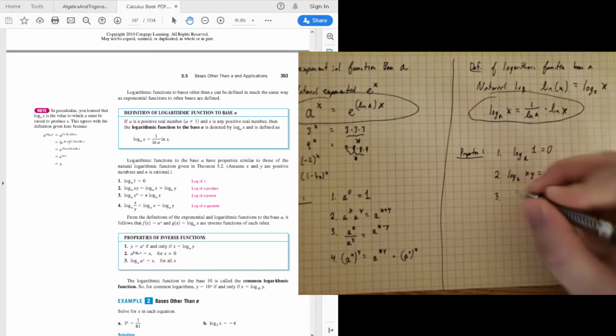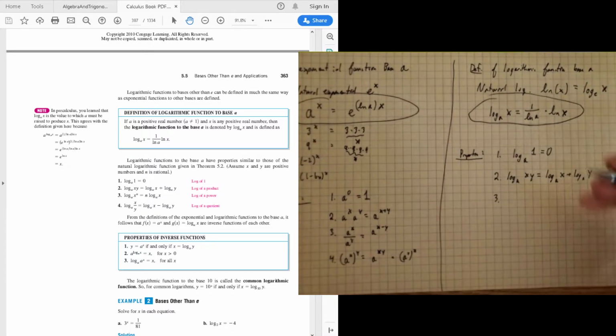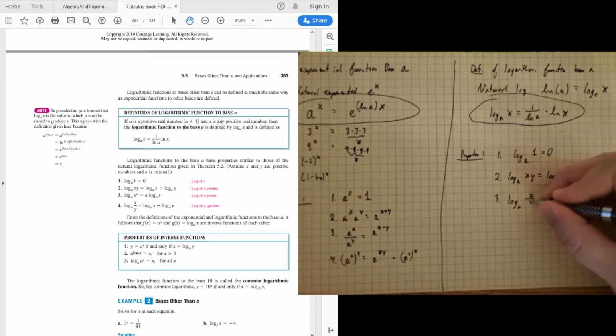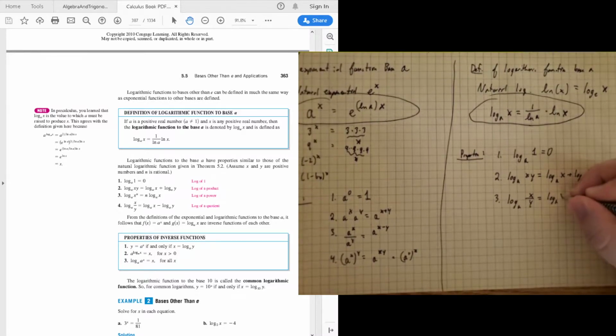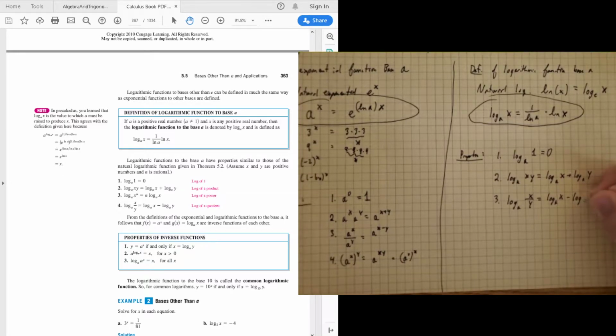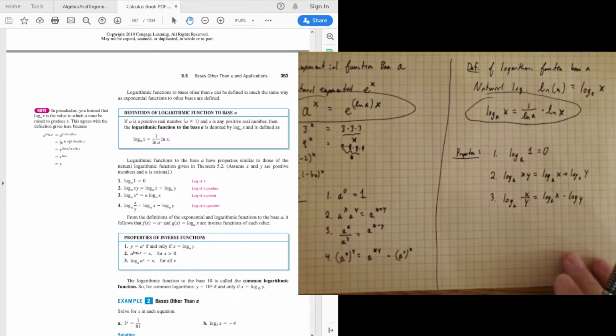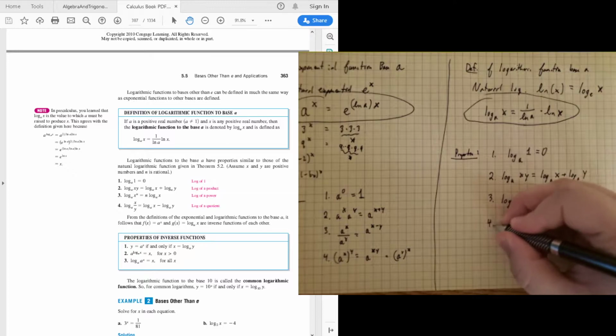Number 3, if you can imagine number 3's opposite, so log base a of x over y is equal to log base a of x minus log base a of y. And again, these are designed to be natural opposites. And then our fourth property, it's a fun one.